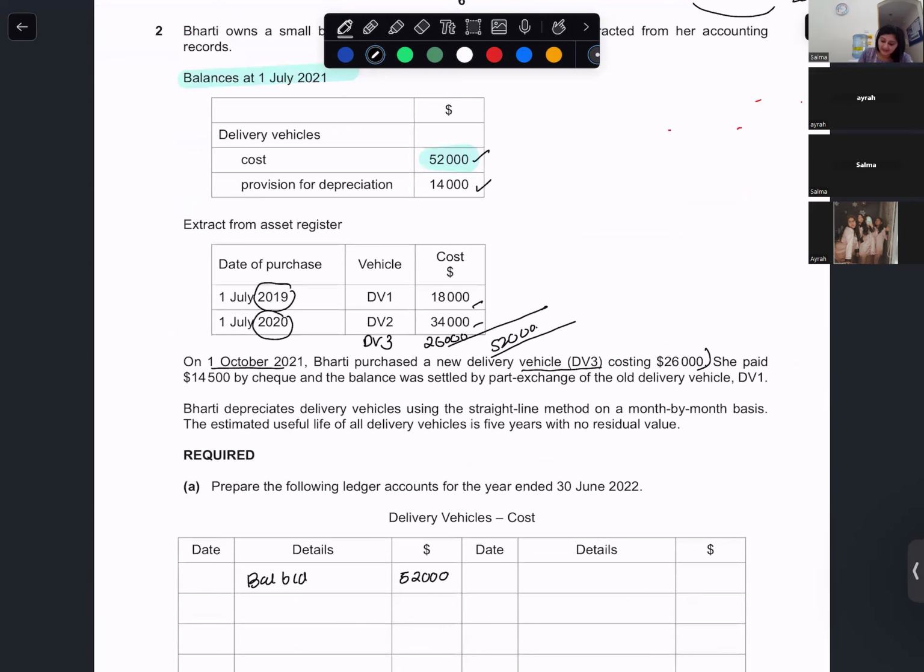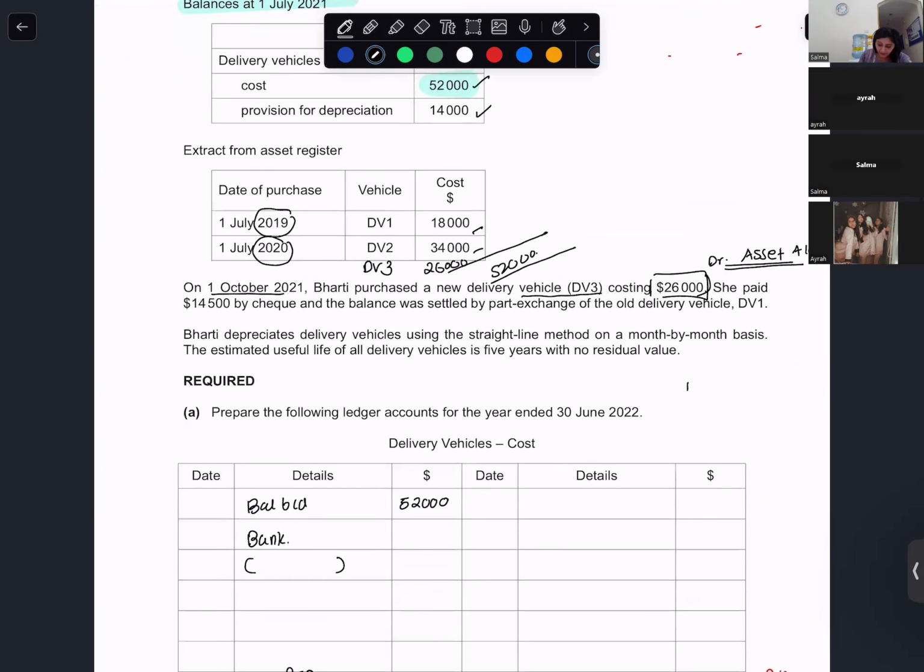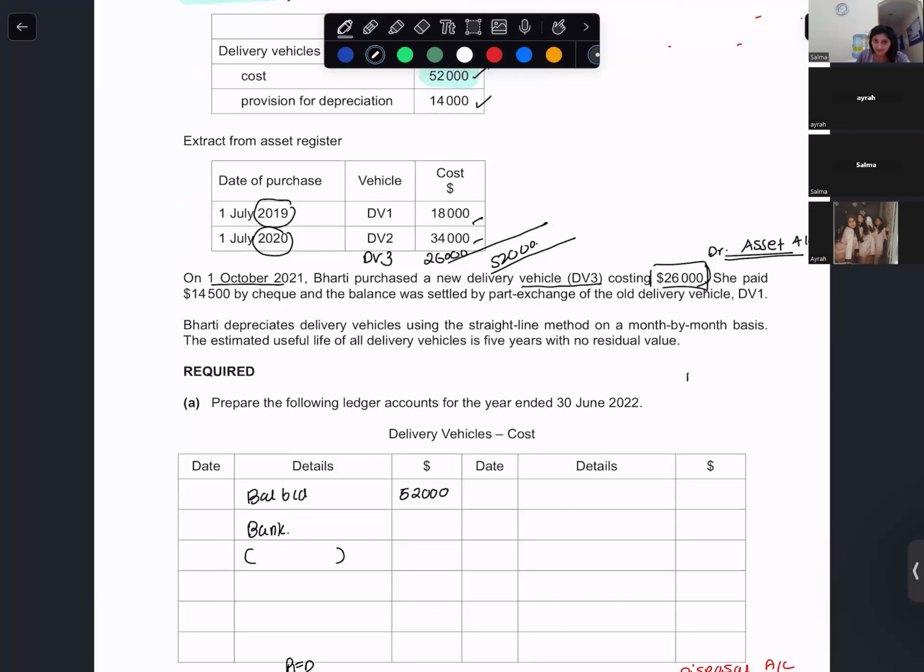So this 26,000 should appear on the debit side of your asset account. If you have paid money, then you will write bank. If you have taken a loan, then from where you've taken the loan, you will write. And if you have part exchanged your asset, then you will write disposal.